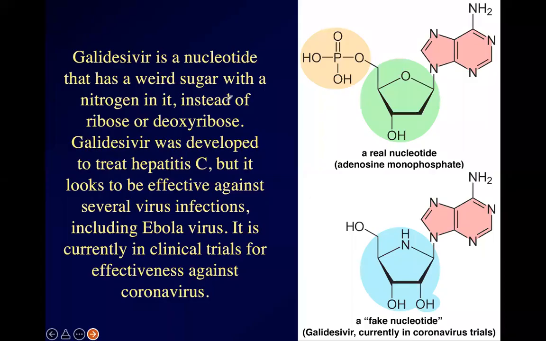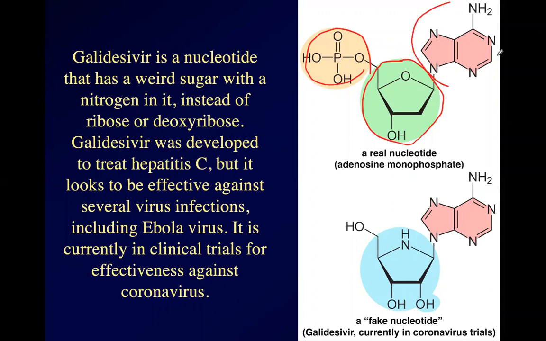Here's another nucleotide up at the top. There's your phosphate right there. Your sugar, that's deoxyribose. And a double ring of carbons and nitrogens. In this case, this is adenine.